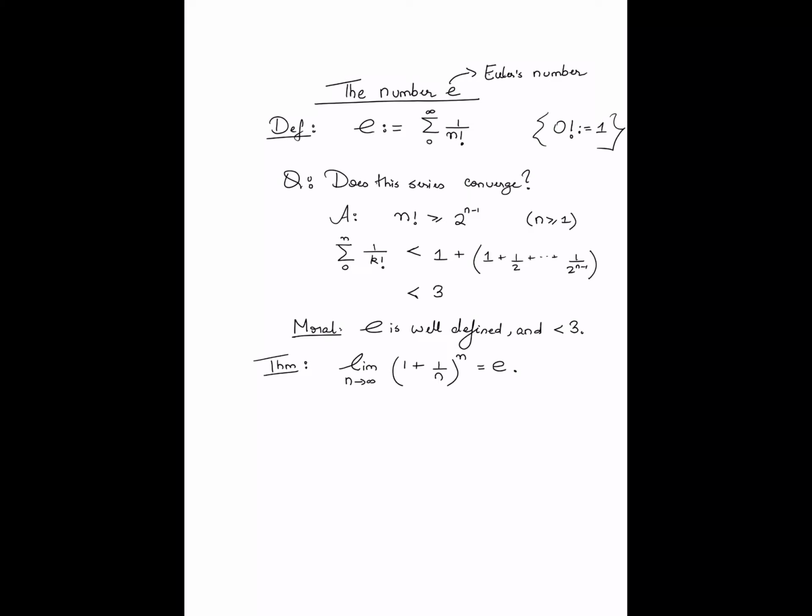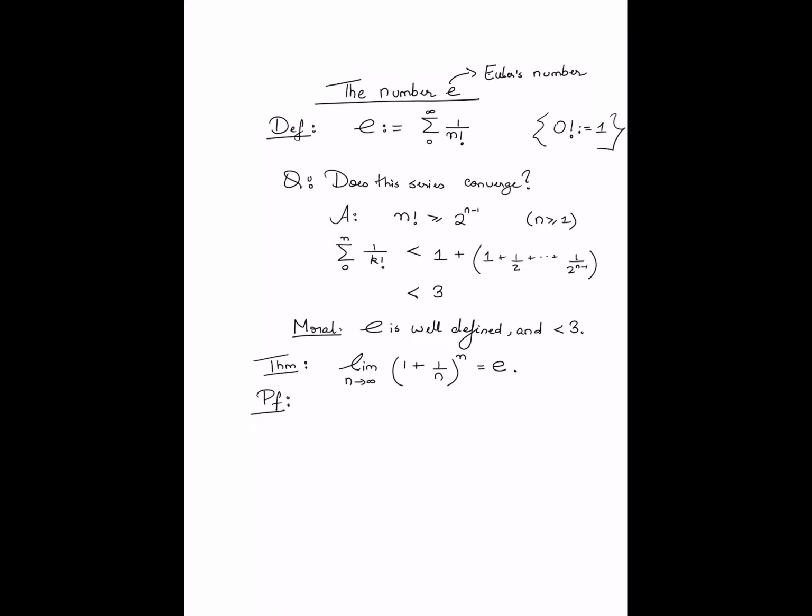To prove this, we have to say that the sequence (1 plus 1 by n) raised to n and the sequence of running sums involved in the definition of e both converge, and in fact converge to the same limit, without having any independent third characterization of the limit. So let's go through the proof.